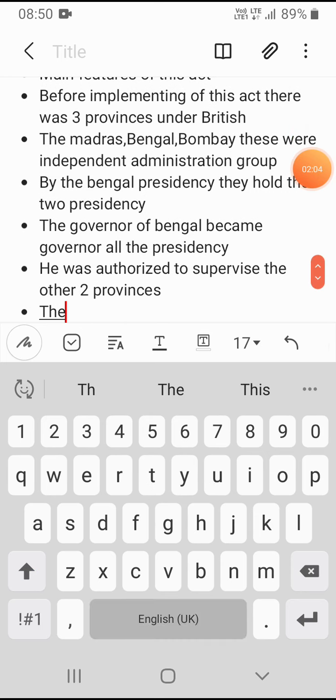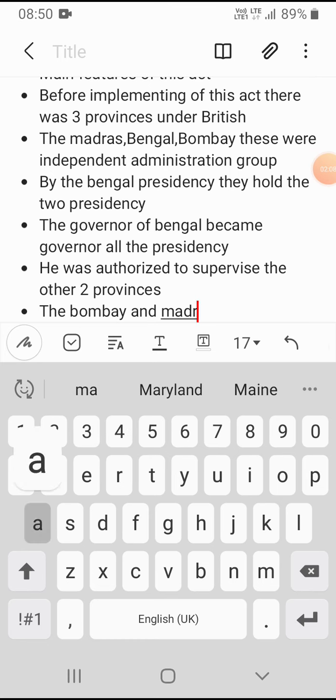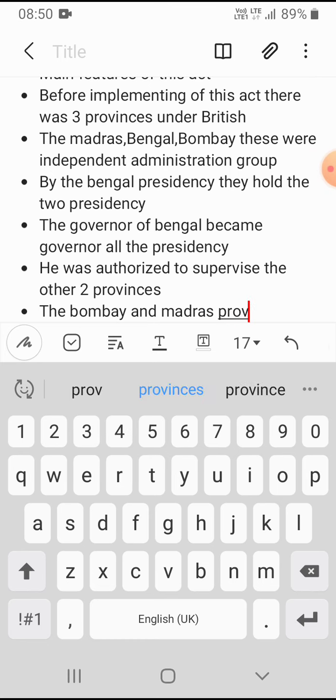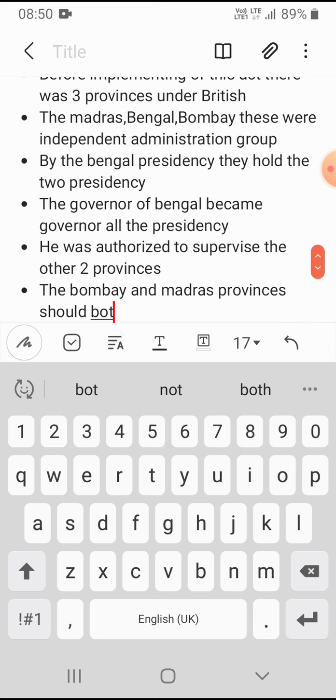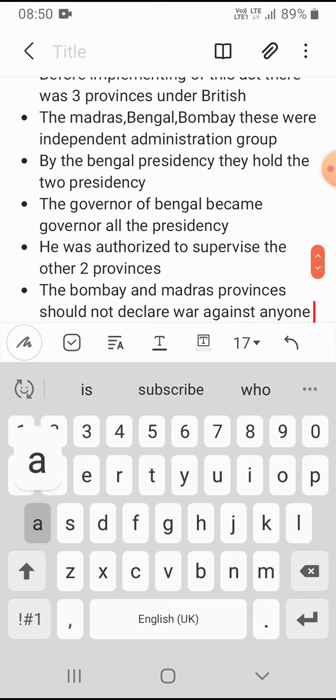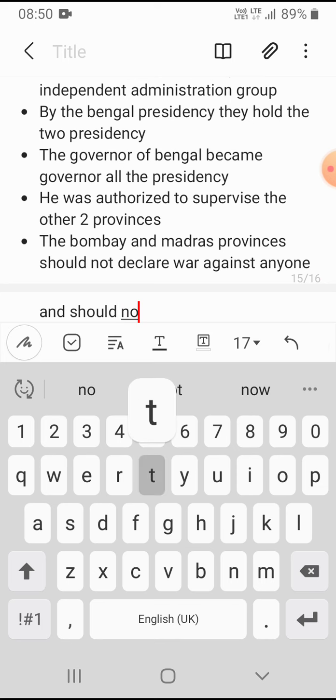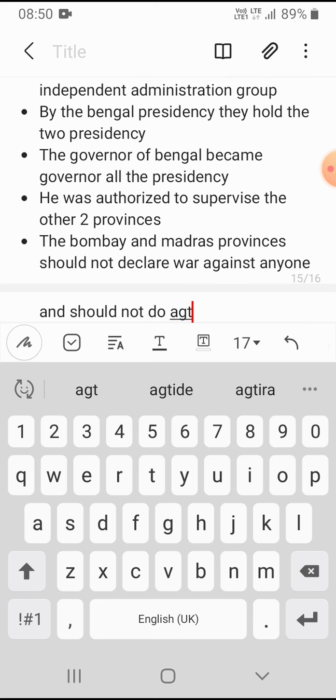And the Bombay and Madras provinces should not declare war against anyone, and should not make agreements with anyone.